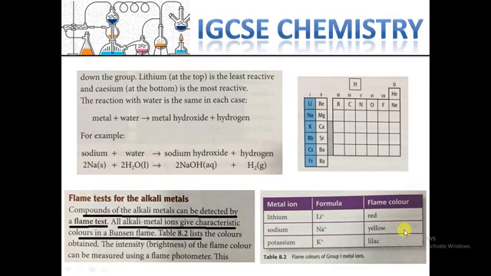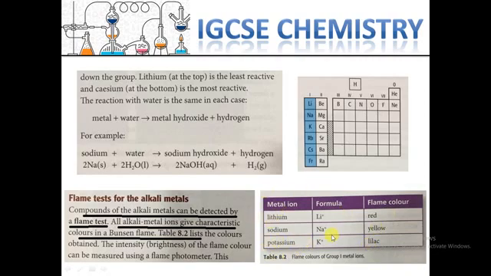Based on the flame color, after they are exposed to the flame and react with it, they produce a color in the flame. If it's red, that means the metal is lithium, if it's yellow, the metal is sodium, and lilac is potassium.